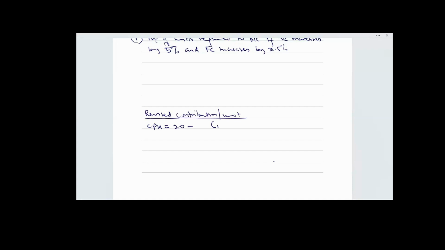The current variable cost is 15 naira, multiplied by 1.05. 1.05 multiplied by 15 is 15.75. Therefore, our revised contribution per unit will be 4 naira 25 kobo per unit.